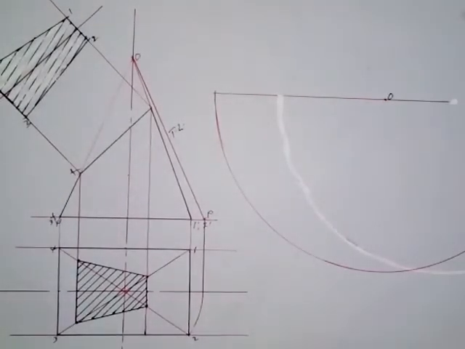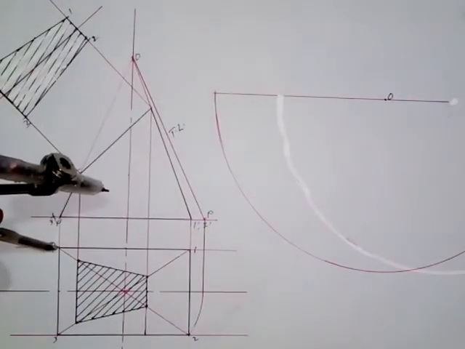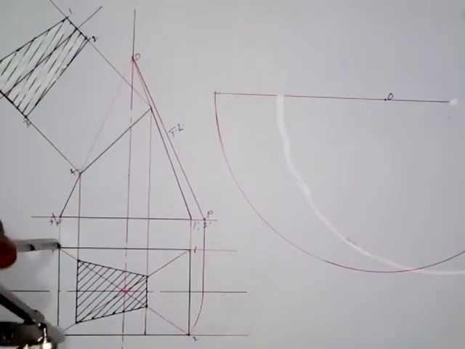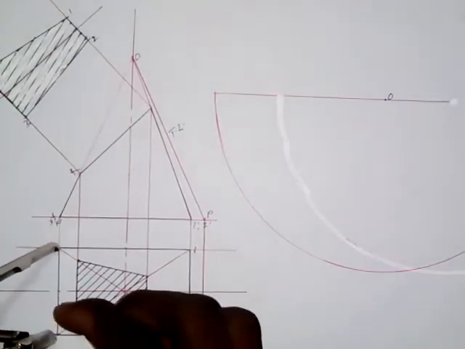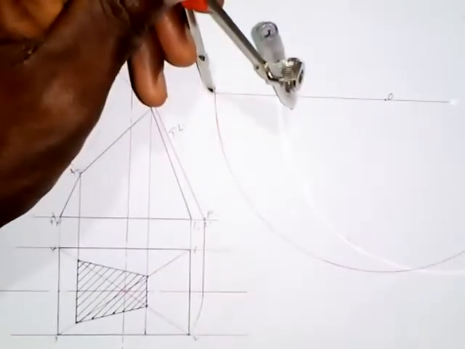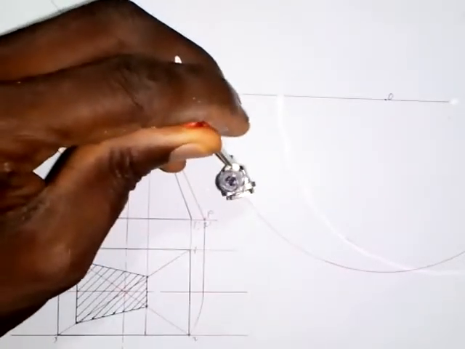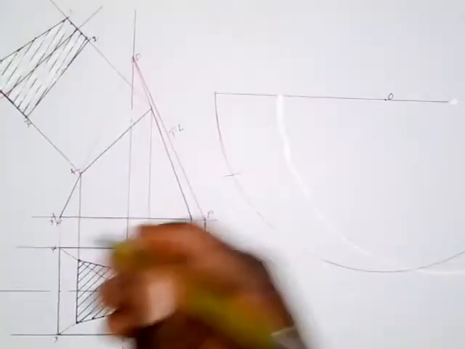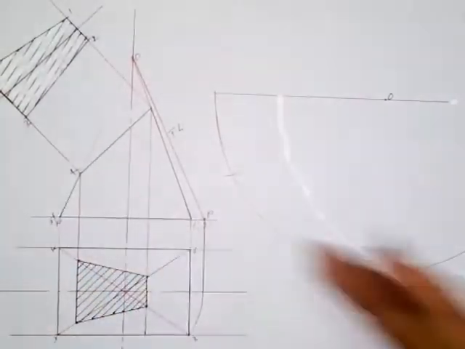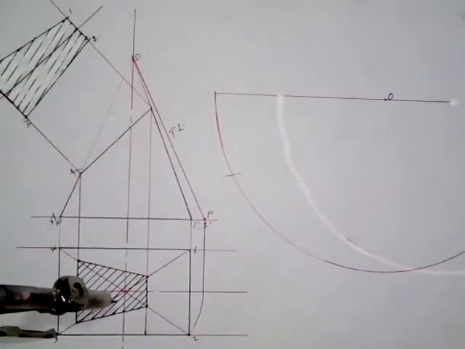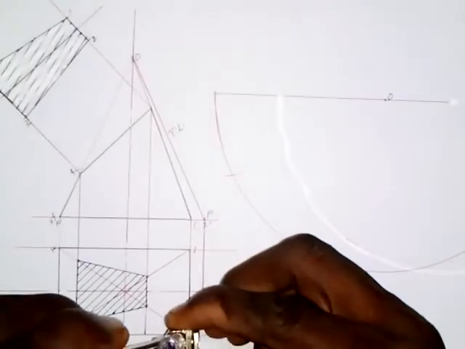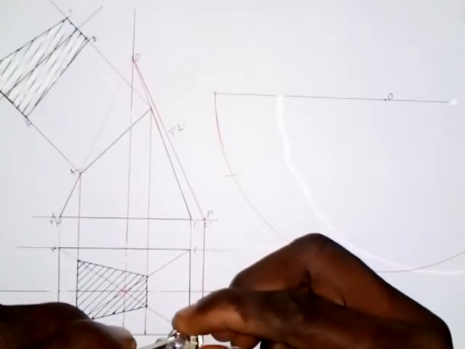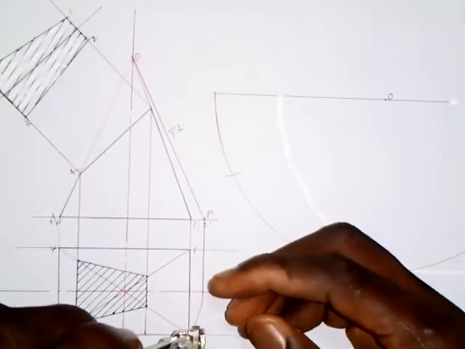Okay, so the next thing I'm going to do is that I will take this distance 34 like this. Then I'll put it at this point and make an arc here. So we are opening from here. Okay, so the next is I will take distance 23 like this.